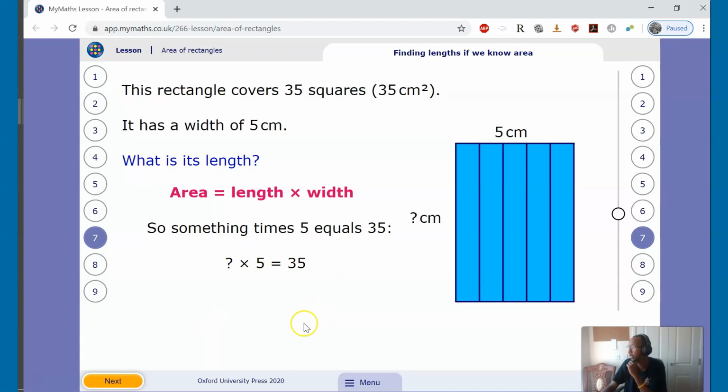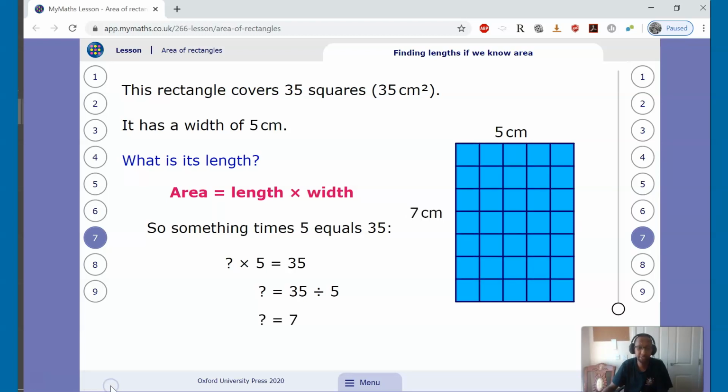What could that number be? Do you have a solution? Okay, so we can do 35 divided by 5, and that would be 7. So the length of this particular rectangle is 7 centimeters.